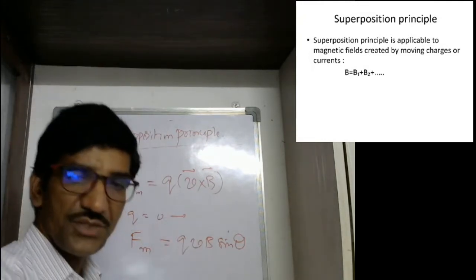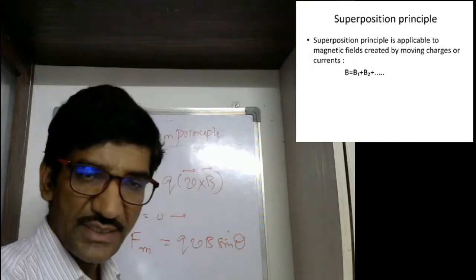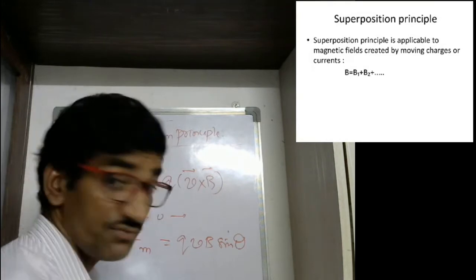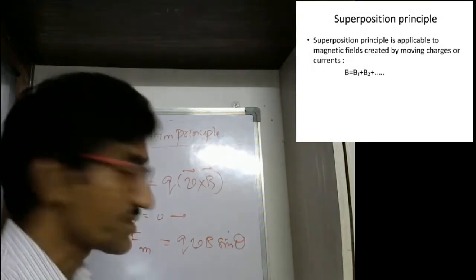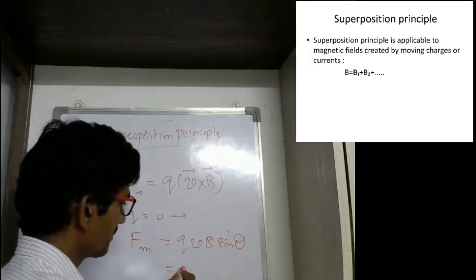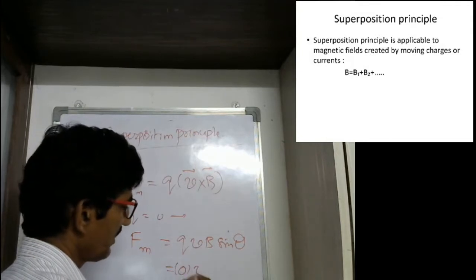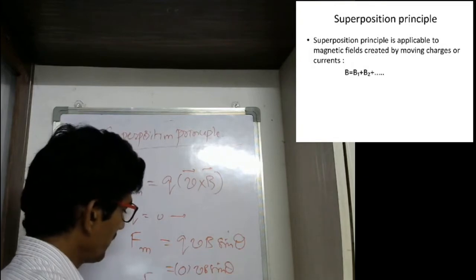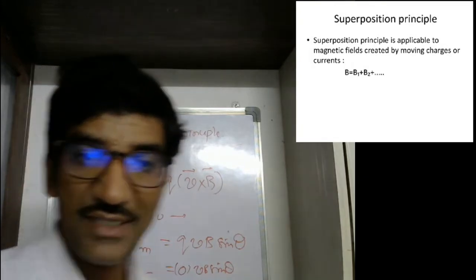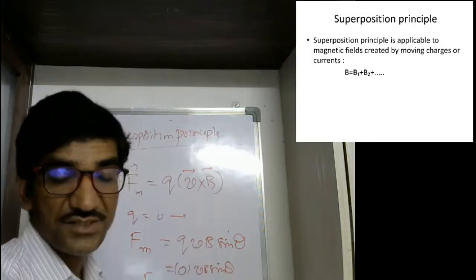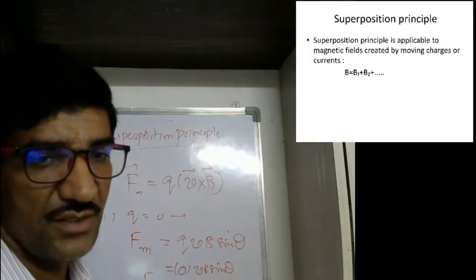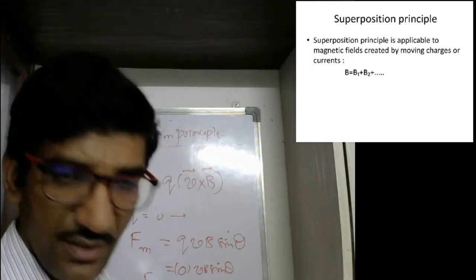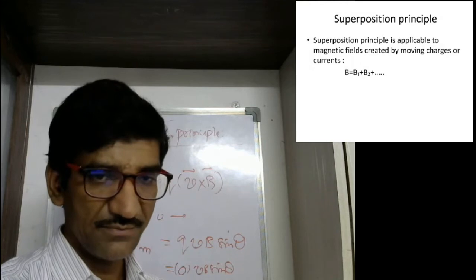If you are making q equal to 0, then for any theta, whatever may be the direction of motion, this is 0. So if you place a neutral particle in the external magnetic field of induction B, then you have no magnetic force. Why? Because magnetic field interacts with magnetic field only.